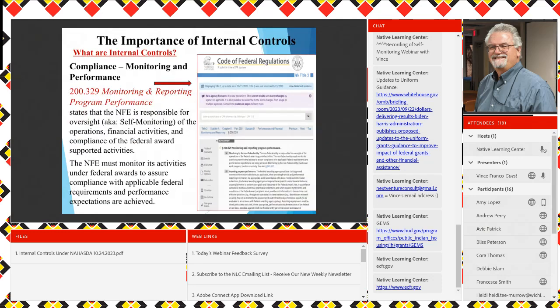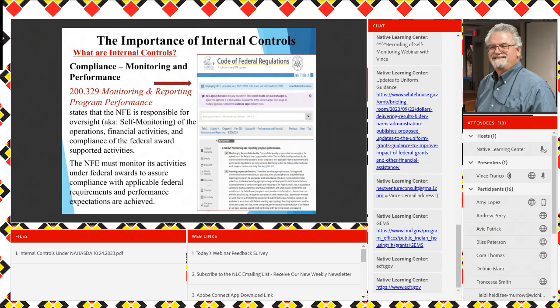Okay. The next one I want to point out for internal controls, another very important one, and this is the program I did last week, self-monitoring. Self-monitoring is required in the NAHASDA legislation. They call it monitoring. It's also required in HUD's requirements for Indian housing, Native American housing. Now, their requirements, you may want to write this down, are in addition to the Uniform Guidance 2 CFR Part 200.